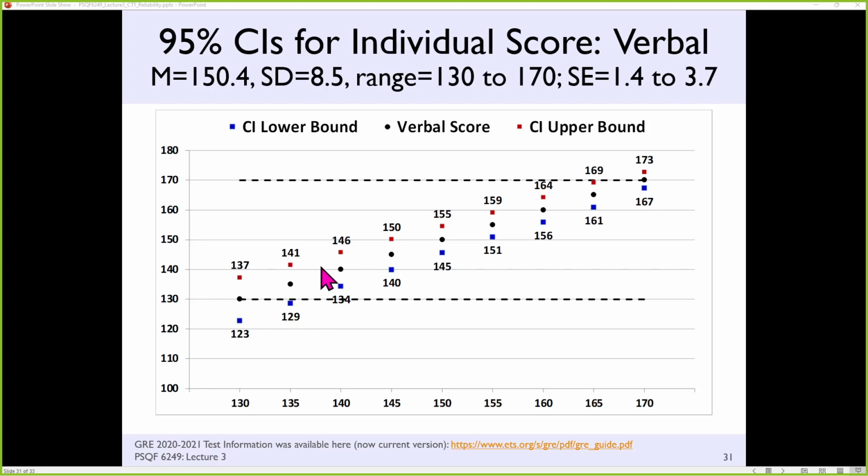But if you think about what the GRE is used for in terms of selection to graduate school, somebody who has a 130 is not getting into graduate school with this test score. So from the purposes of precision, it kind of doesn't matter how good of an estimate it is because it's so far away from what people would consider good enough. I don't even know what the scales are because I'm still tied to the 200 to 800 scale.